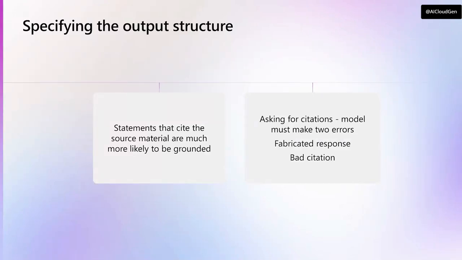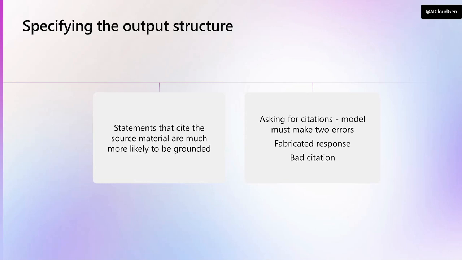The next technique is specifying the output structure. When you are using your prompt, you can always specify the structure of the output that you want, because that can have a significant impact on the nature and the quality of the results. For instance, in the system message you can say, only write true facts, don't give me fabricated information.